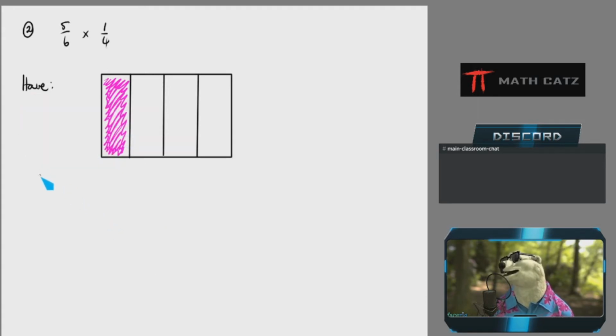Now the instructions now say we need to take, or we get a portion of that. Let's say here, we get 5/6 of what we have. Only of what we have.